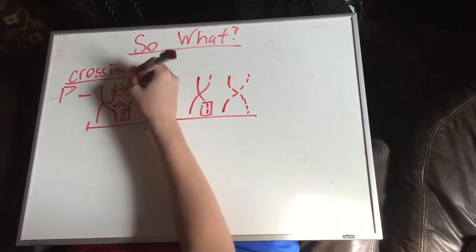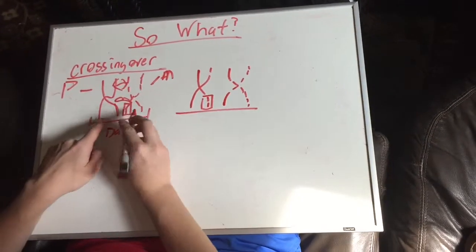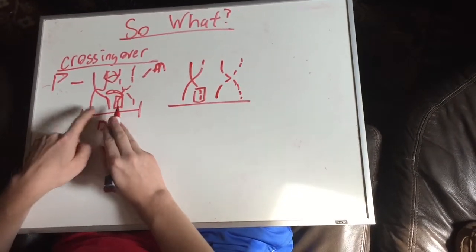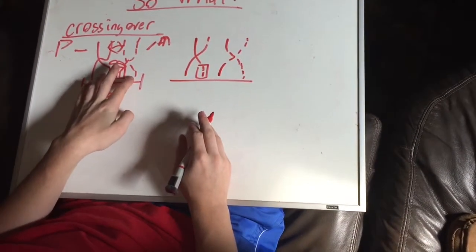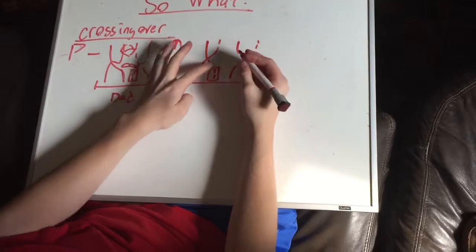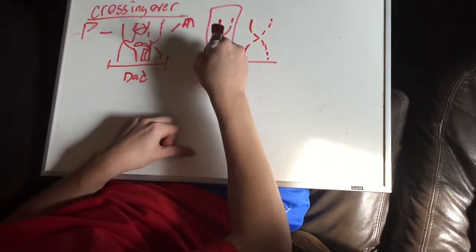Because as you can see, this may be the dad who has this, when the kid would only have one of these that is different. So it's different, the chromosome that's passed on.